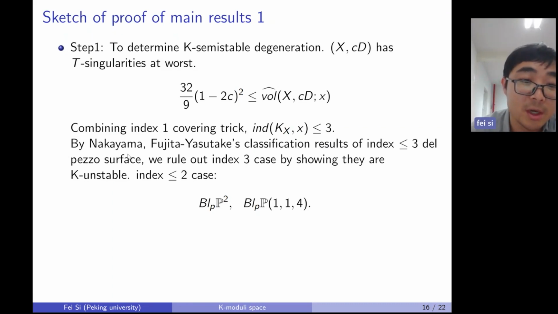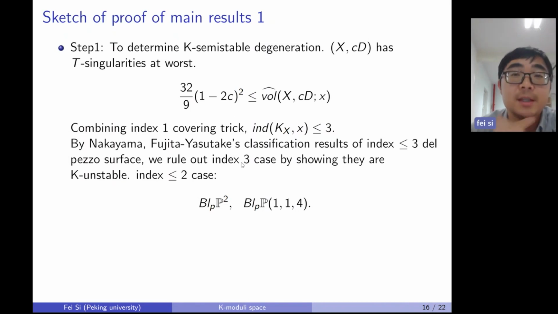This is the work of Looijenga and Fujita Yasutaka. In the index 3 case, we show that they are unstable for all the coefficient c.